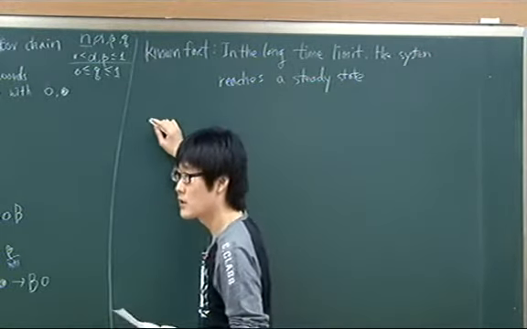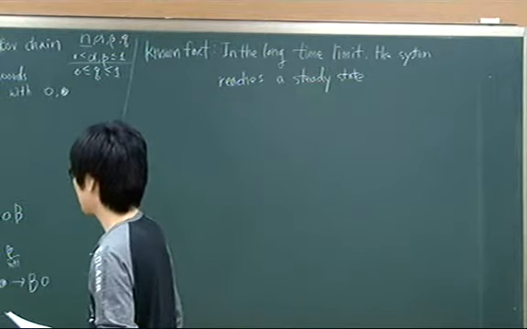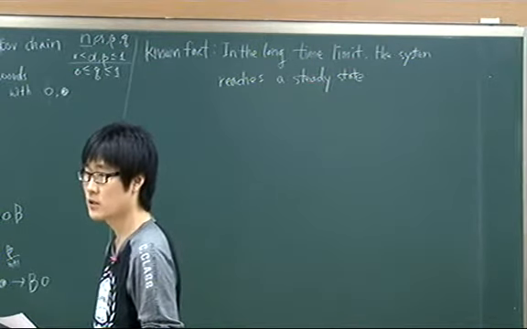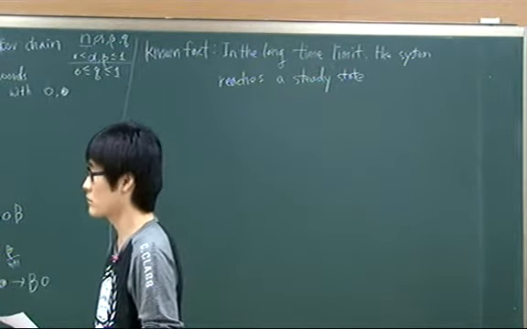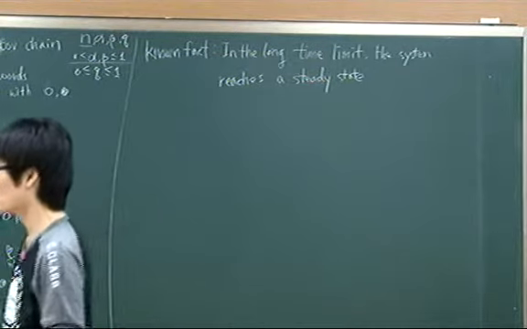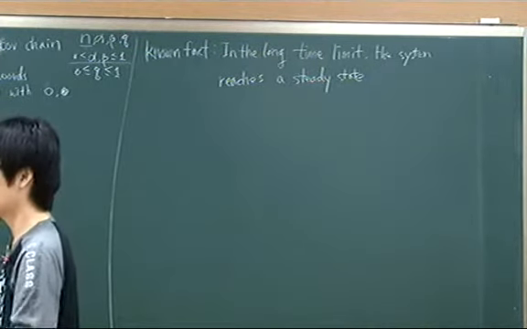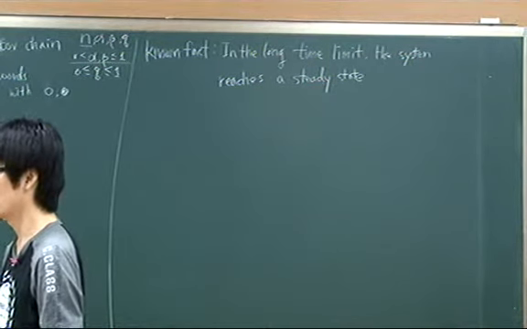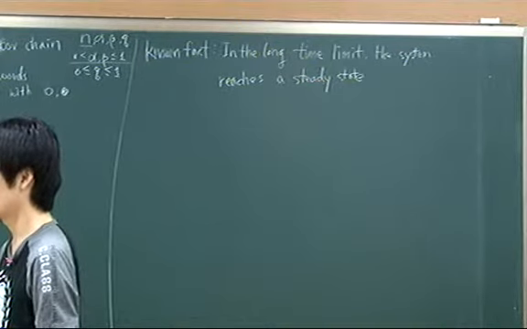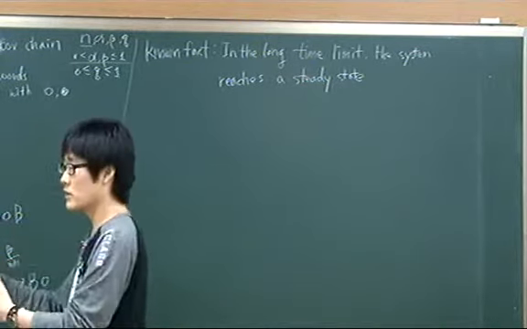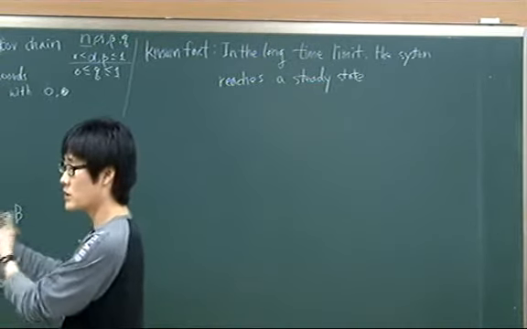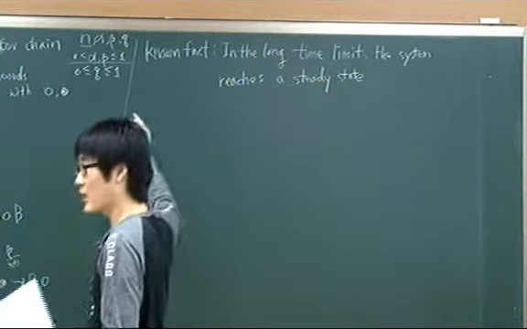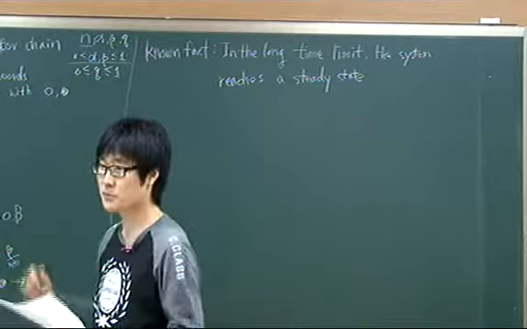Is the limit state unique? Yes, because you can write the probability only in terms of those numbers, so it's unique. And I will write the formula for the probability only in terms of permutation tableaux.